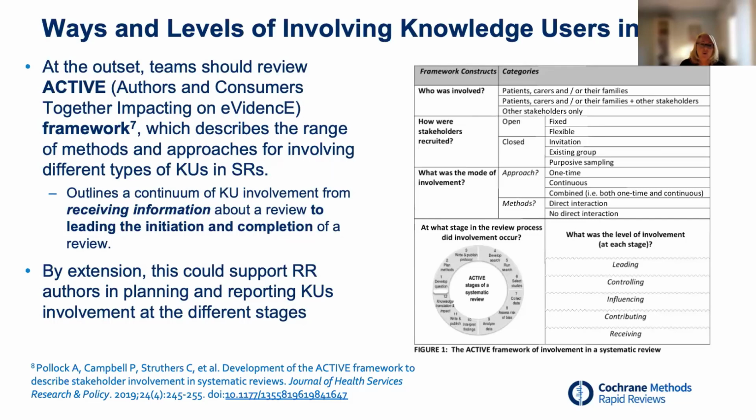I won't go into much detail, but it outlines a continuum of this involvement, as I referred to earlier, from simply receiving information about a review to actually leading the initiation and completion of a review. By extension, this could help support rapid review authors in planning and reporting knowledge user involvement at different stages. I've just given you a snapshot here in the figure of what that framework looks like, but I would encourage folks to take a look at the article itself.